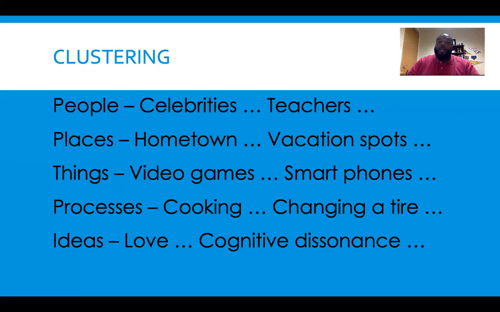Another category that you might use for clustering might be ideas, concepts, those things that aren't necessarily concrete items. They're rather abstract because different people interpret them in different ways. Maybe you want to talk about love. And even though that's an abstract concept, you can talk about it in a way that makes it more concrete.